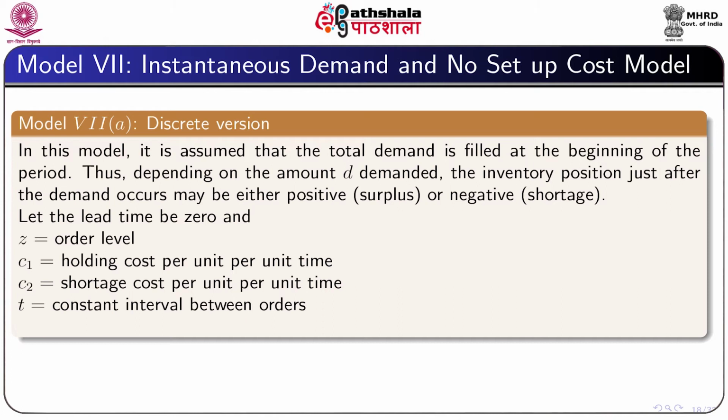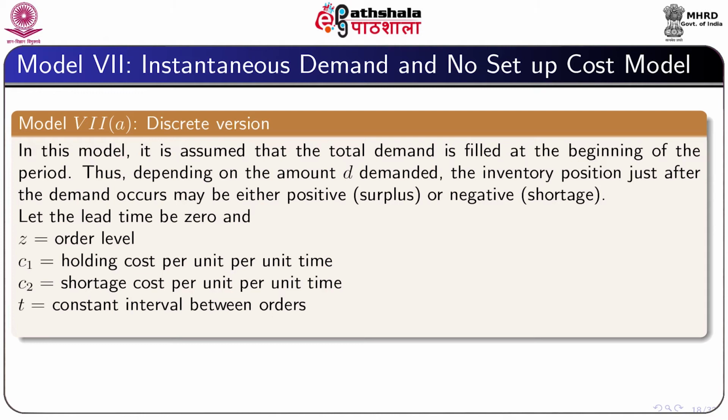We will first consider the discrete version of the model. We call this model 7A. In this model, it is assumed that the total demand is filled at the beginning of the period. Thus, depending on the amount D demanded, the inventory position just after the demand occurs may be either positive or negative.